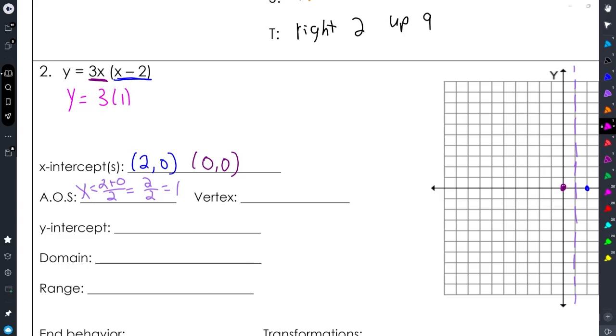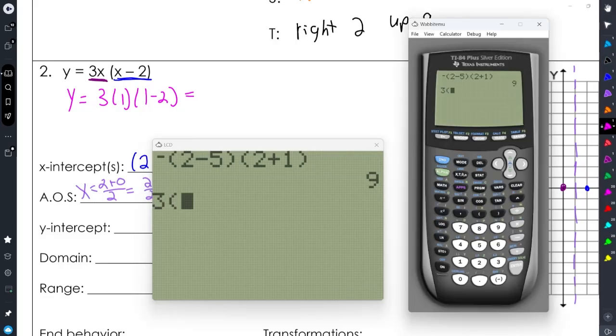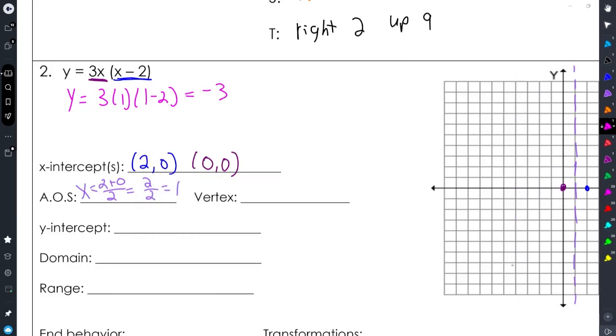So 3 times 1 times 1 minus 2. So 3 times 1 is 3, 3 times 1 minus 2. And we get negative 3. So our vertex is 1 comma negative 3.